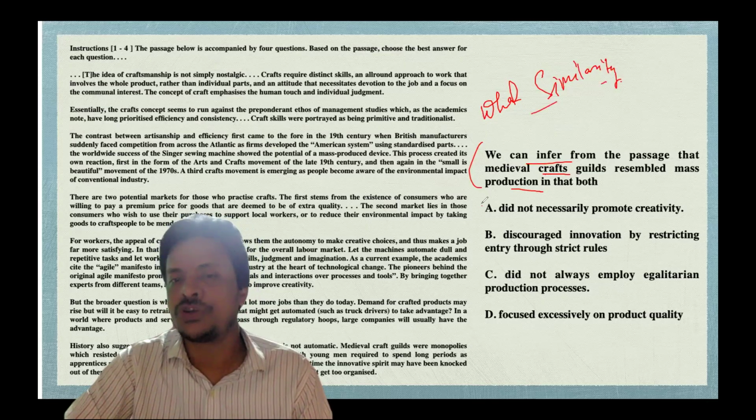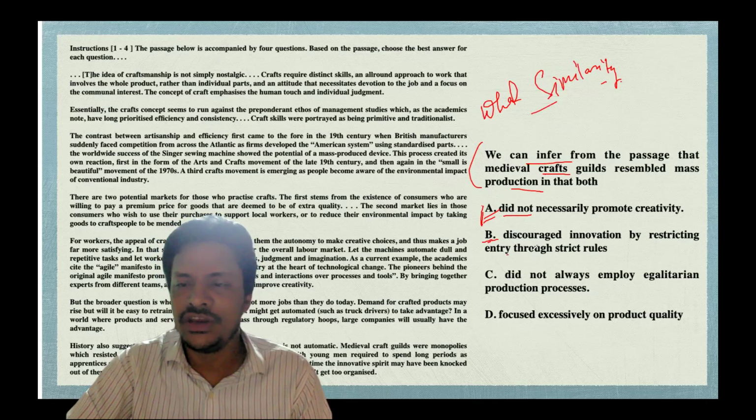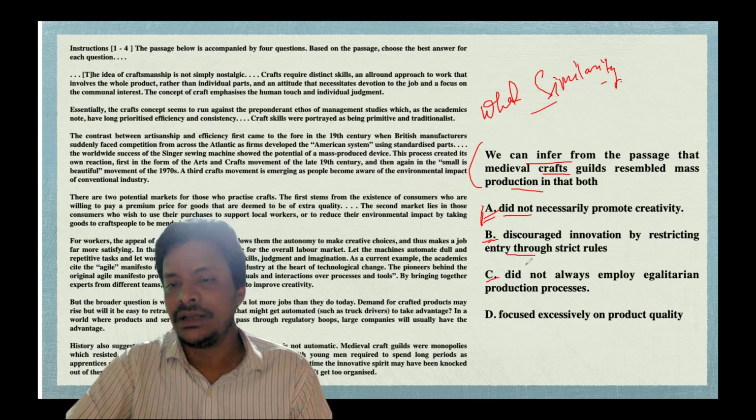Look at the four choices. The first choice says that they did not necessarily promote creativity. It means both mass production and guilds did not really help creativity. The second option says that they discouraged innovation by restricting entry through strict rules. So both stopped new ideas because they did not allow newcomers in easily. The third one says that they did not always employ egalitarian production processes.